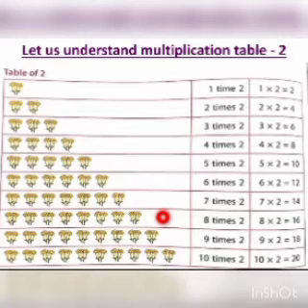Next, we have 8 sets of flowers. 8 times 2, 8 twos are 16. Next, we have 9 sets of flowers. 9 times 2, 9 twos are 18. And the last one we have 10 sets of flowers. 10 times 2 or 10 twos are 20.